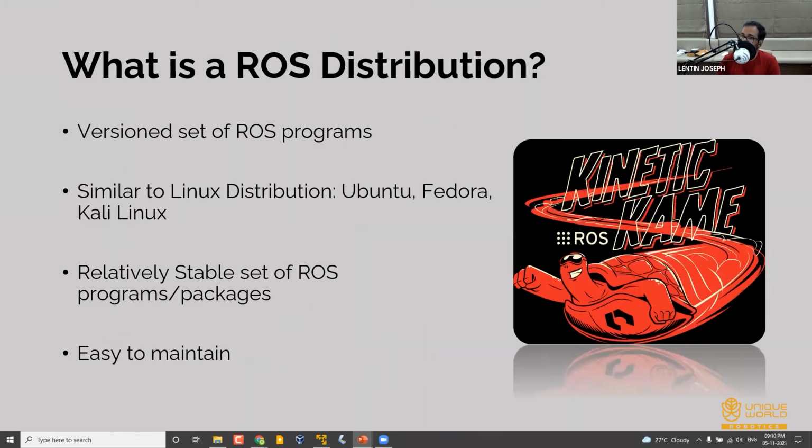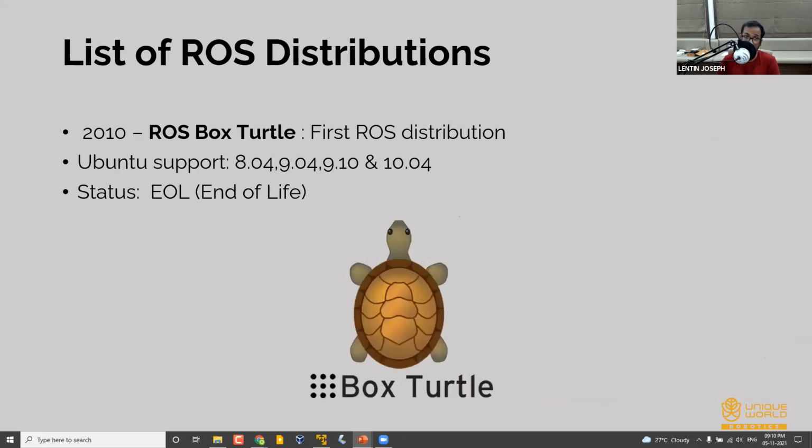And these are some of the distributions of ROS, or version names of the different versions of ROS. Like Ubuntu 16.04, 18.04, Windows 7, Windows 10, like that. ROS also has distributions. In each distribution, there will be some specific versions of the software.